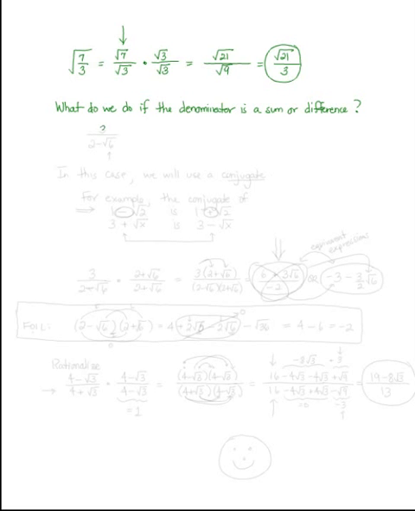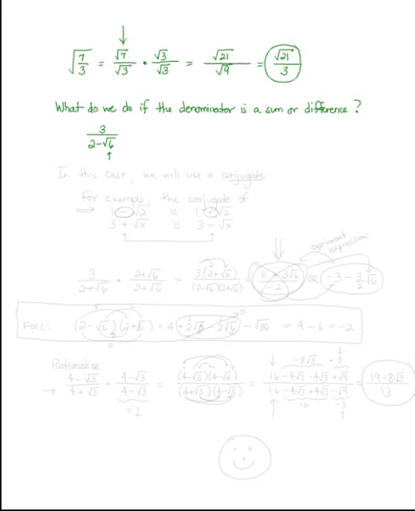What if we had a problem that looked like this? 3 divided by the quantity 2 minus the square root of 6. We have a slightly different approach to this problem than our previous problems. Our goal is still to remove the square root of 6 from the denominator, but multiplying both the numerator and denominator by the square root of 6 is not going to do it.